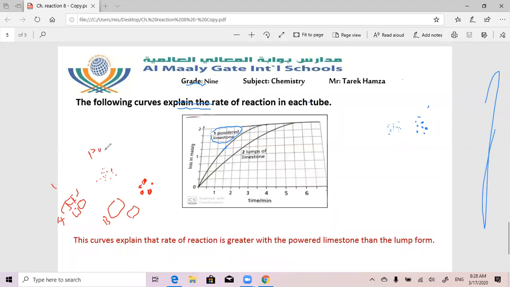The powder has many small particles, but in lumps form the calcium carbonate has fewer particles at the same mass, that is 1 gram or 1 gram. Understand the difference between lumps and powder, and how powder has a larger surface area than lumps? Any question? No, thanks.